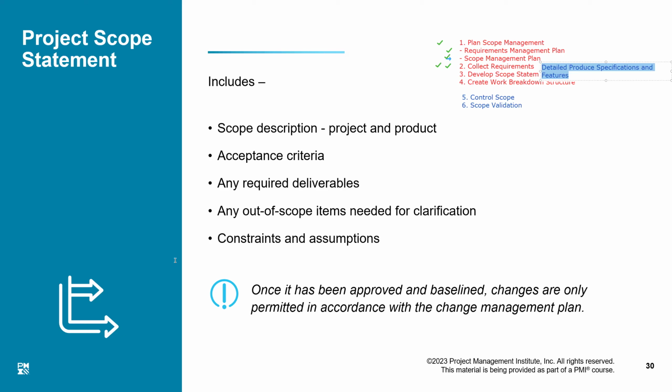For drilling down, we have to move on to the next process, and that is create the work breakdown structure, which is the last process in scope management during the planning process group. Last process is create work breakdown structure, right? I'll talk about that. Okay.